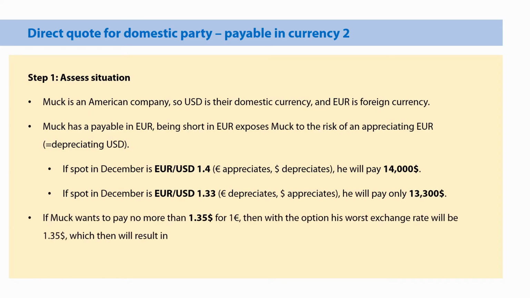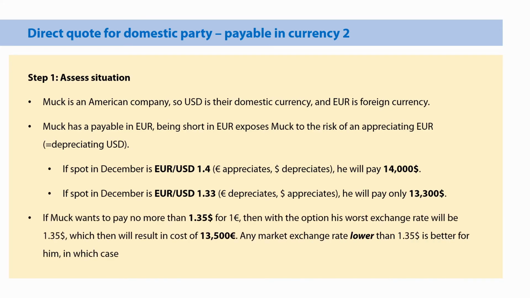If Mook wants to pay no more than 135 for 1 euro, that would be the highest he would be willing to pay. Any market exchange rate lower than that is better for him. And if that is the case, then he will not use the option. Again, in a situation like that, they are not hot for exercising the option. They are actually more hot for the upside potential that they may have if the currency exchange rate goes into the right direction.